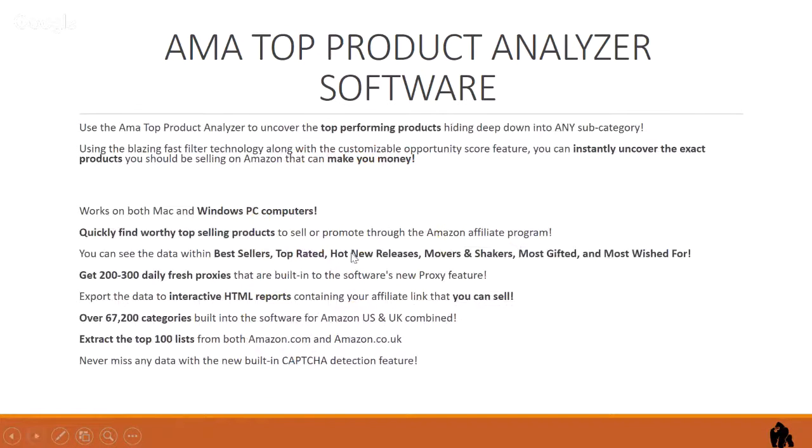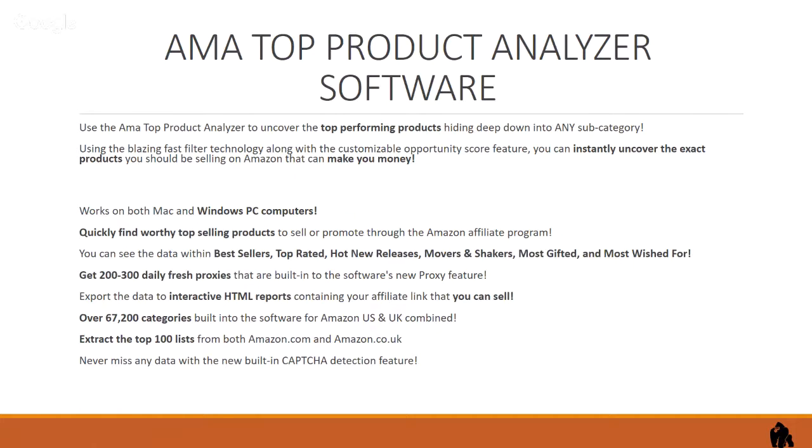So some of the benefits or the features of the top 100 product analyzer: using the analyzer, you can perform searches that dive really deep into the subcategories. You've always been able to do that, but it's going to be a lot easier with this new software update.